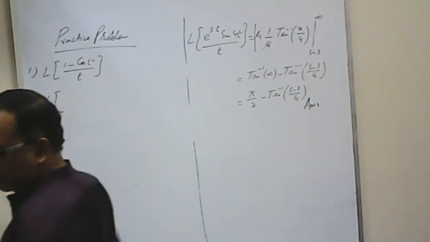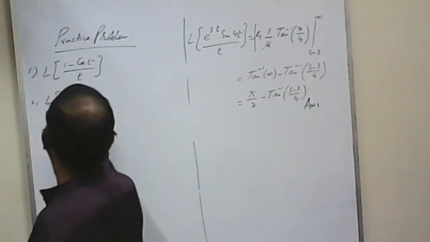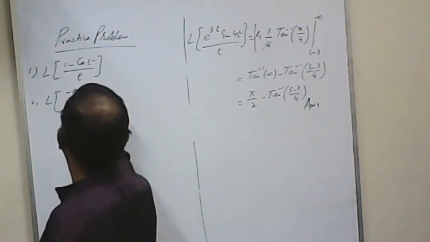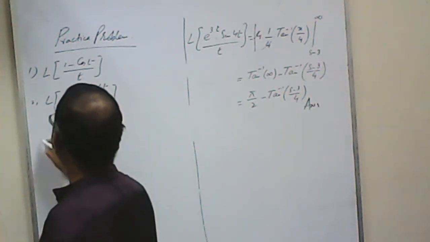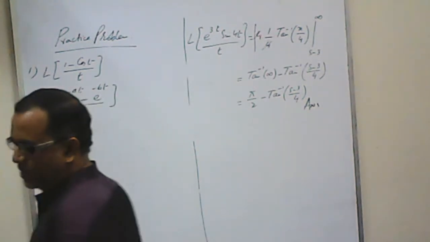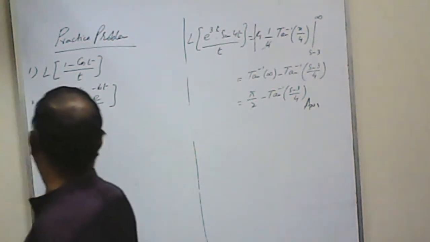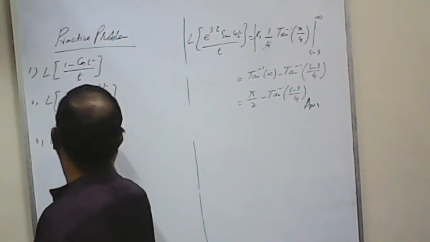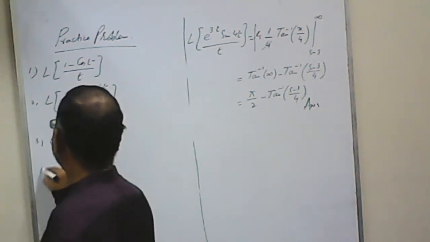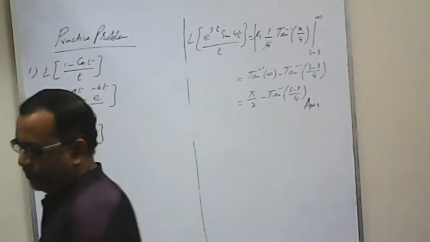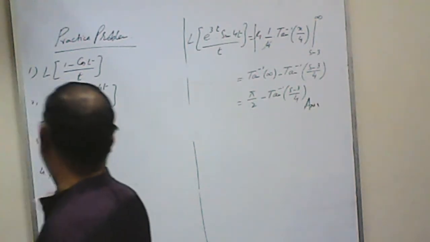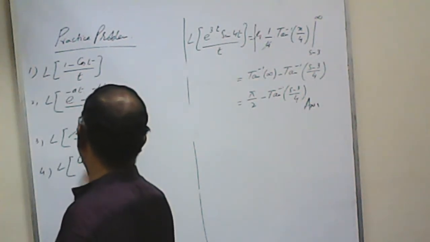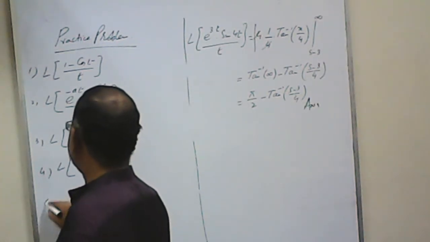Number 2, Laplace of e power minus at minus e power minus bt over t. Number 3, Laplace of sine square t upon t. Number 4, Laplace of cos hyperbolic t over t.